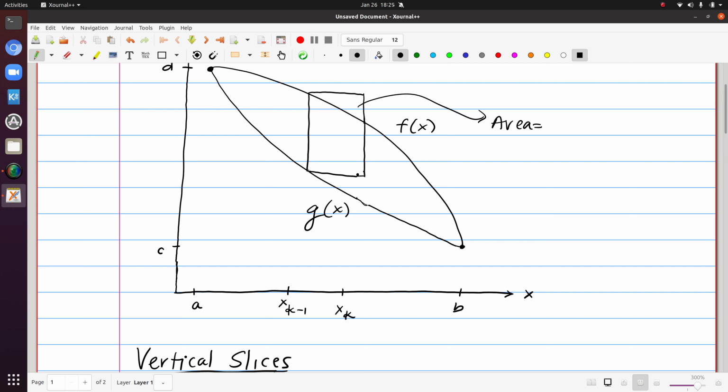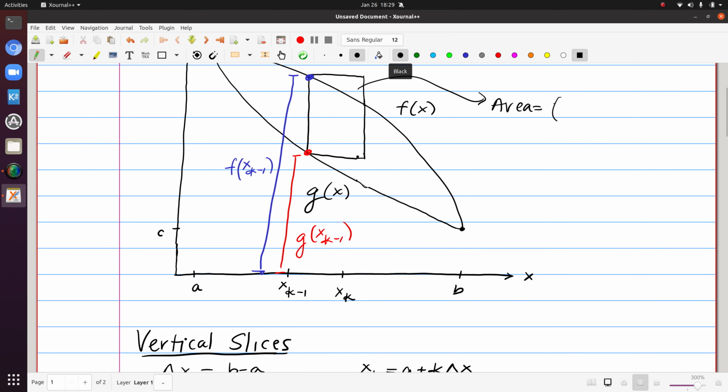Now, to think of the area of this rectangle, well, the width is still delta x, but let's think about what the height would be. One way to gauge this distance is you can imagine that the distance from here down to here is f of x k minus 1. And the distance from here to here is, of course, g of x k minus 1.